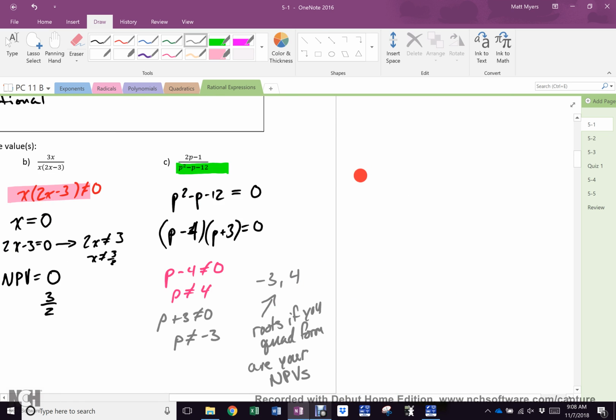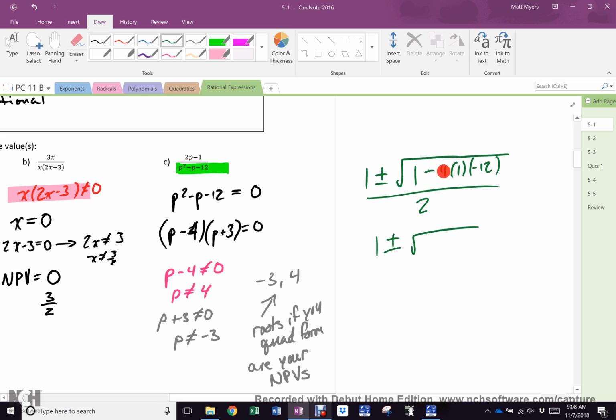And just to prove it, let's work it through. 1 plus or minus the root of 1 minus 4 times 1 times negative 12, over 2, which is 1 plus or minus the root of negative 4 times negative 12 is positive 48, plus 1 is 49, over 2.